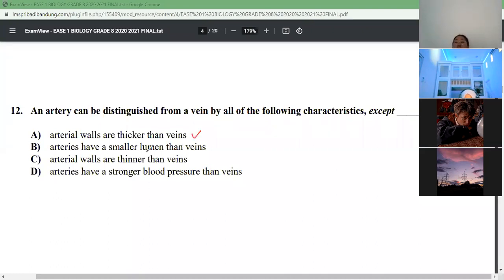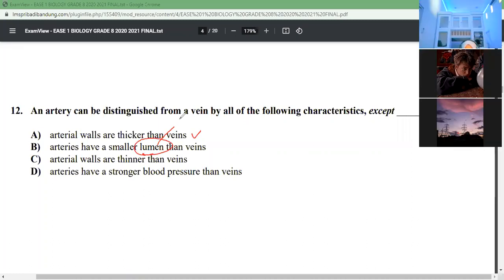Arteries have smaller lumen. Lumen here, note this one, is the space within the vessel. This is a biological term for the space inside. For example, this one is the lumen.